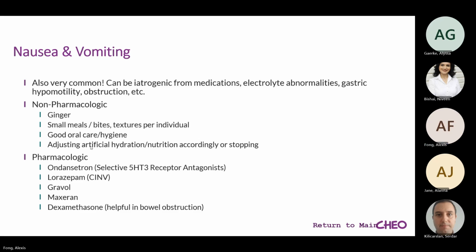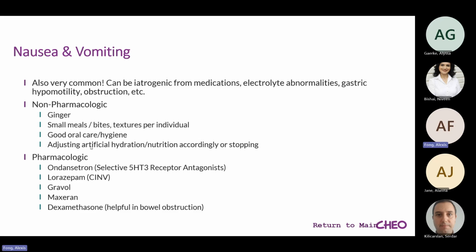Sometimes kids will want a gigantic KFC fried chicken burger. Absolutely, I want that for you too, but small bites, space it out, especially at end of life with gastric hypomotility. Good oral care and hygiene, and then adjusting artificial hydration or nutrition accordingly, or stopping if indicated.